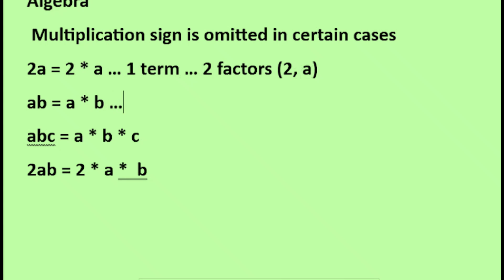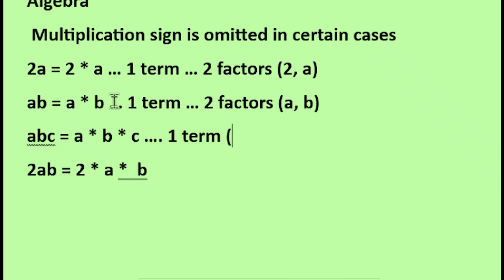Similarly, ab is also one term, but it has two factors, a and b. And abc is also one term, but it has three factors: a, b, c.